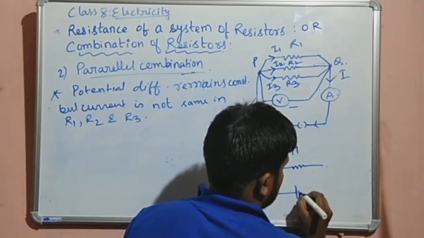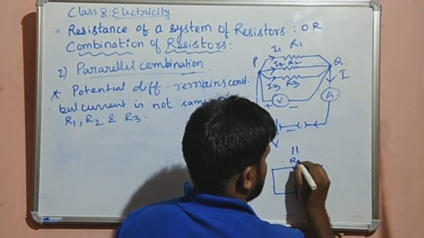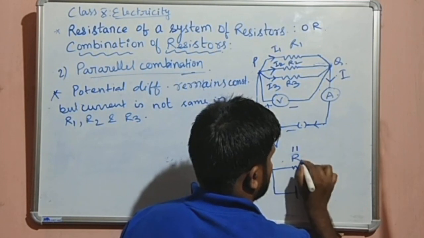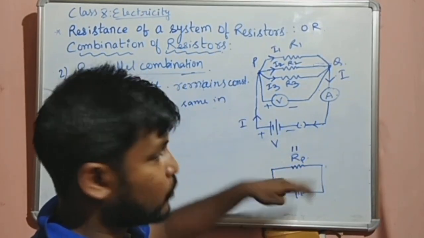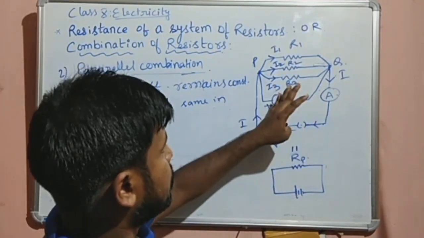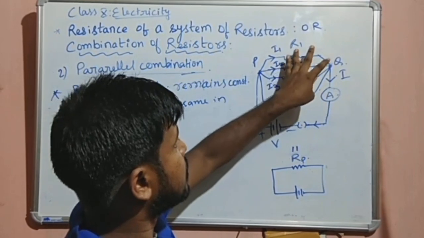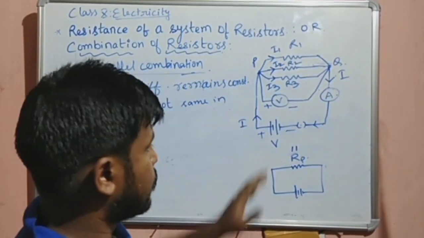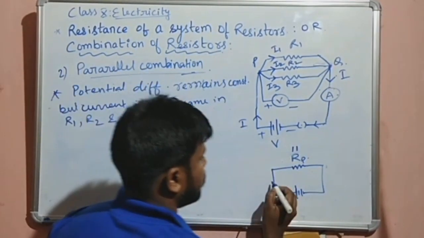I am just making a simple diagram. This I take as Rp. What is this Rp? Rp is the equivalent resistance, whose value is equal to the sum of the resistors R1, R2 and R3 which are connected in parallel. Got it?